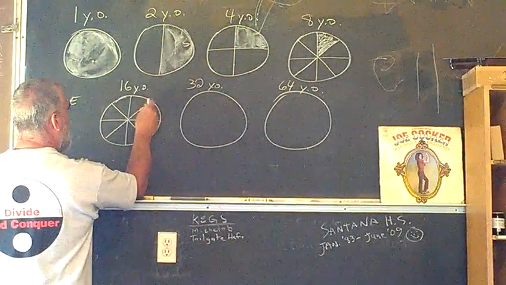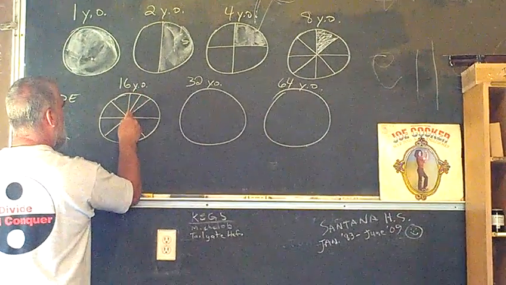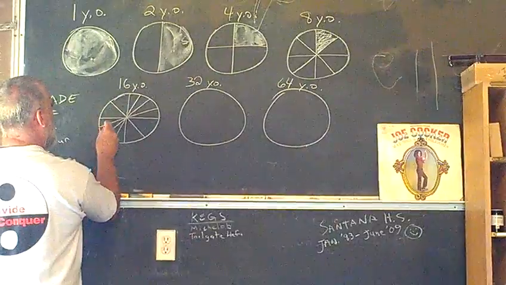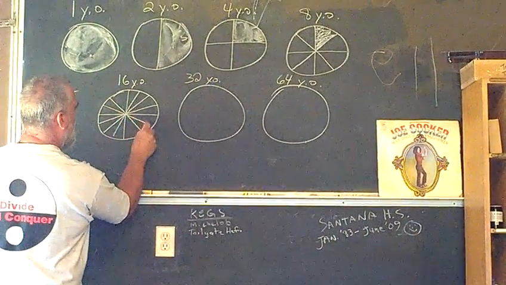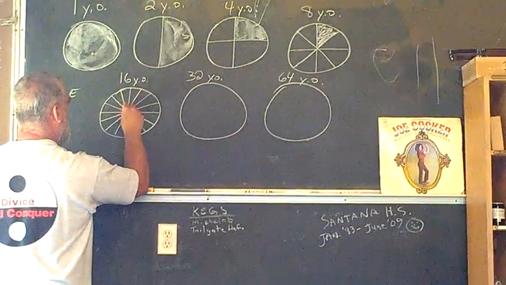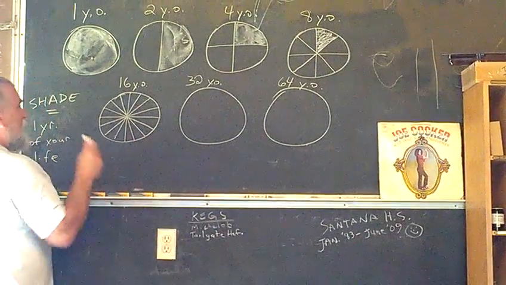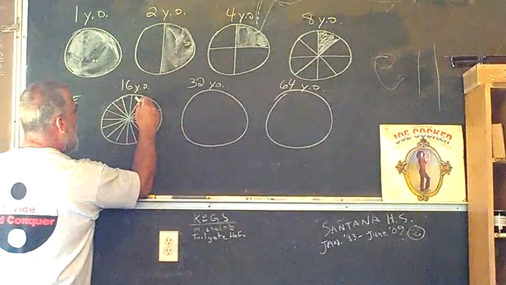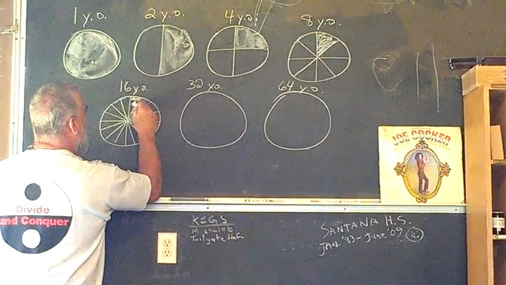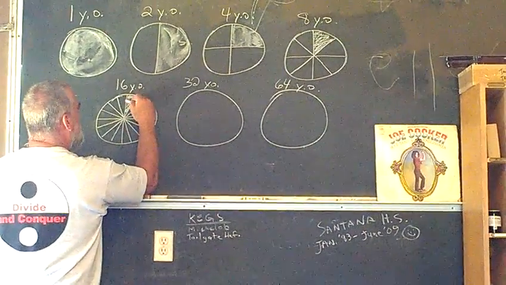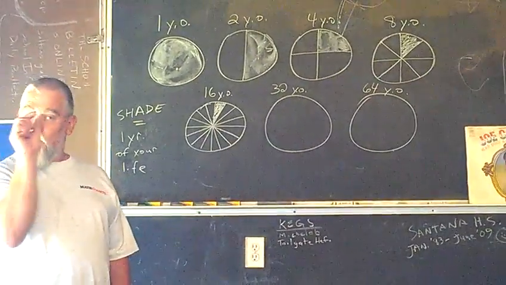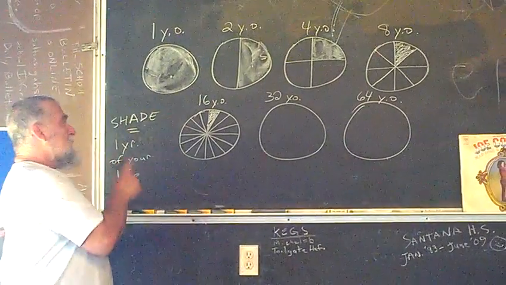And if I cut these in half, this goes to 16. I don't have to do the whole thing. So now when you're 16 years old, again, 1 year of your life is the shaded part, so I'll shade this in. That represents 1 year of your life when you're 16, so 1 year is getting smaller. You get 1/16 of your life.